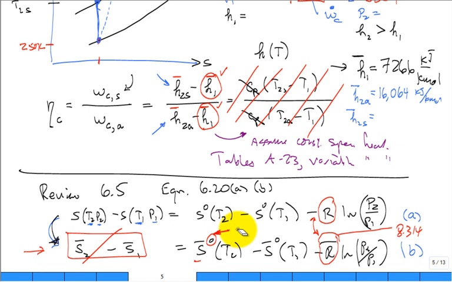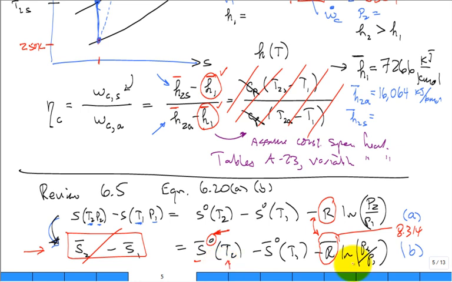One good way to remember it is that it's for atmospheric pressure or nominal pressure. It doesn't account for changes in pressure. It only accounts for changes in temperature. S naught is only a function of temperature. So when you go back and look at it, it's some integral of the Cp's with the T's, dT.